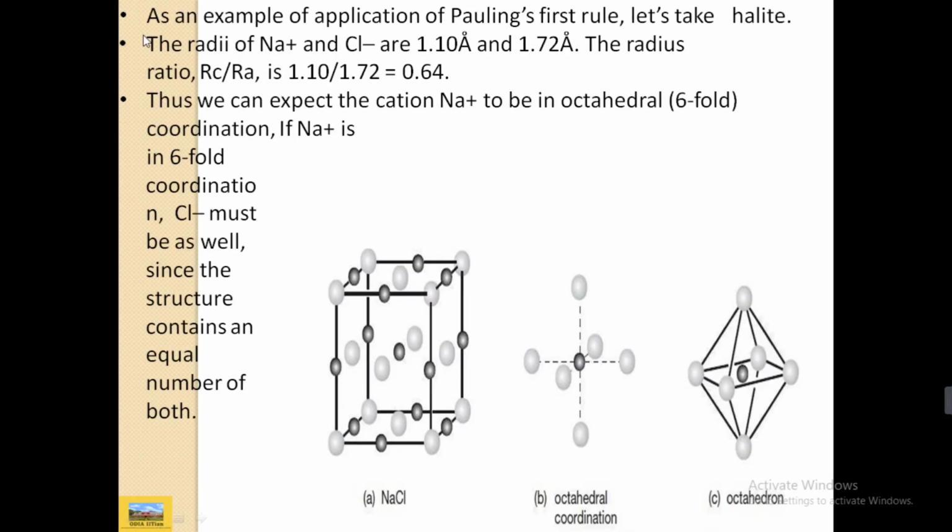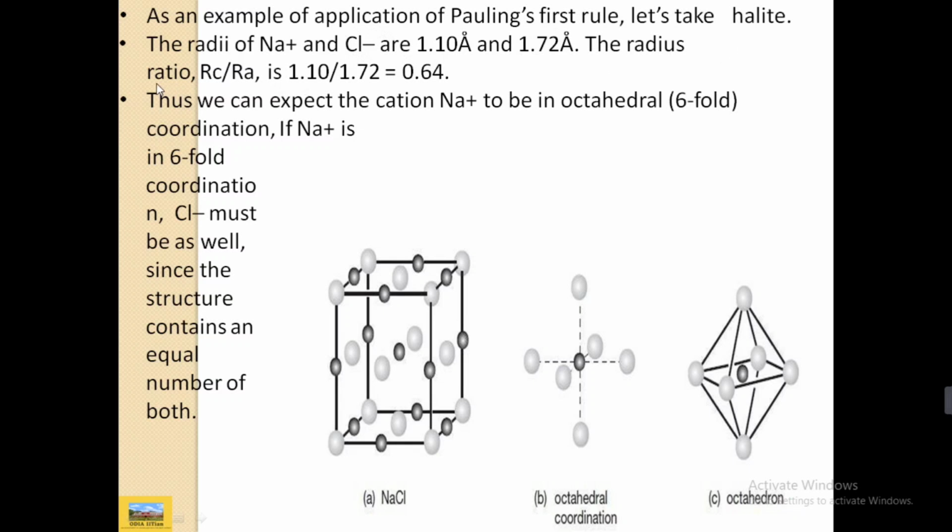Now this is an example of the application of Pauling's first rule. Let's take a halide. The halide is NaCl, that is sodium chloride, and the radii of Na plus and Cl minus are 1.10 Angstrom for sodium Na plus, and 1.72 Angstrom for Cl minus.